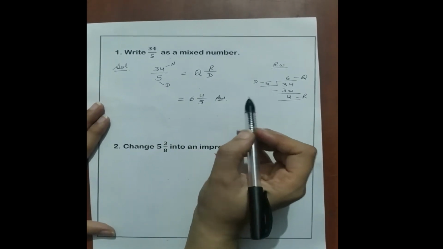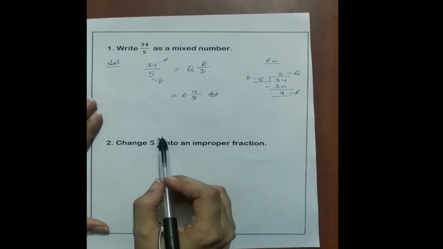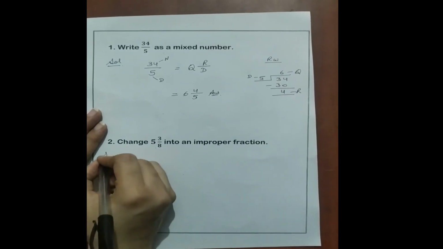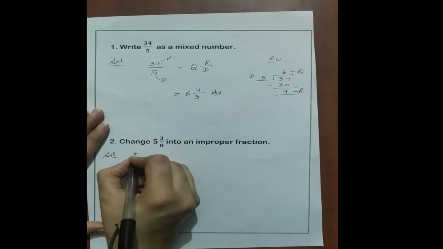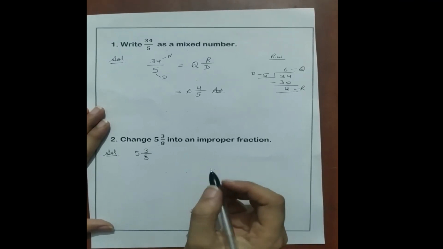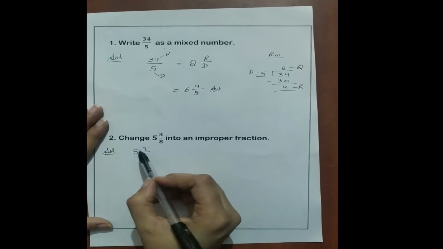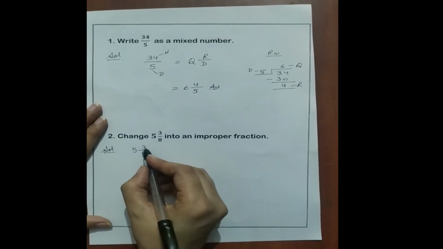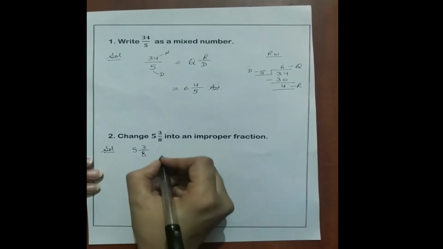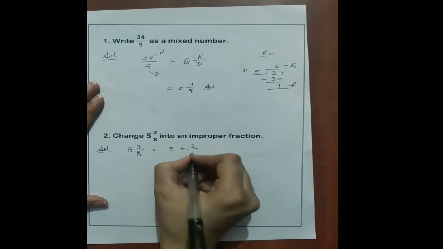Now change a mixed number into an improper fraction. 5 3 by 8. Step 1 is first of all write it like 5 plus 3 by 8.